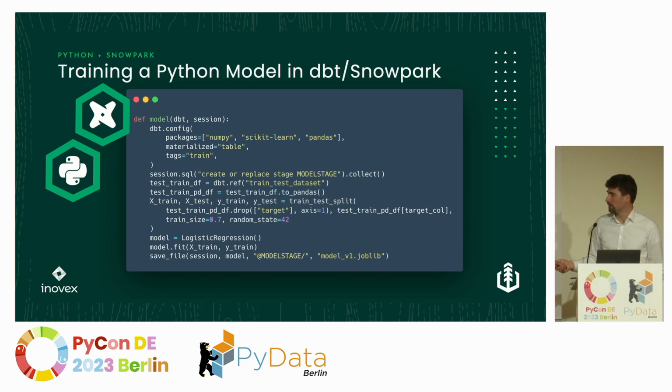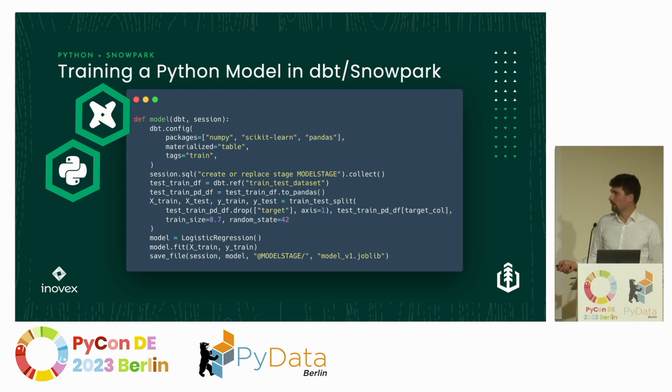So at that point, we are now in Snowpark. But since we want to apply scikit-learn directly, and the data is not that huge, what we do is we make it a pandas data frame. We use a train test split from scikit-learn, a really simple model, because that's not the point here, logistic regression.